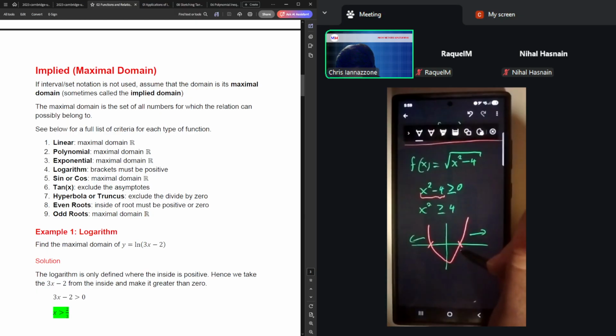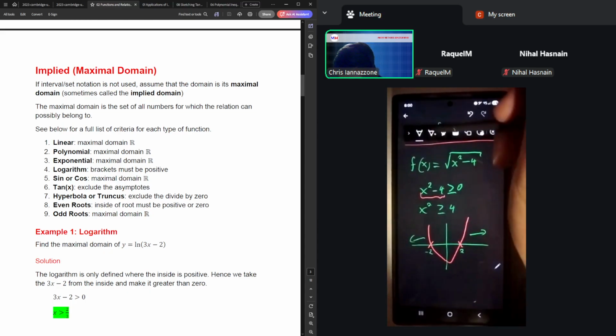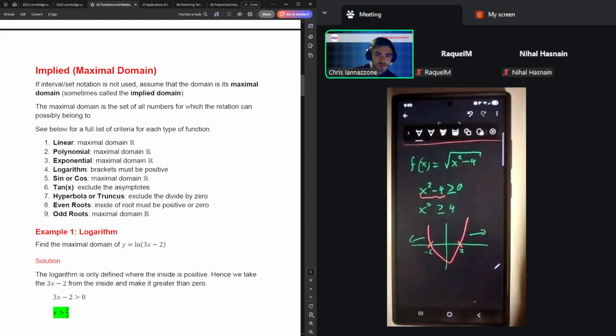So as long as you know what this and that are, that's the other way of doing it, a graphical way, so you've got something to look at as well. And that approach will help you if I said something like natural log minus 4. It's going to be a lot harder to picture that than it is for a quadratic. So it's a nice little general purpose way of doing it.